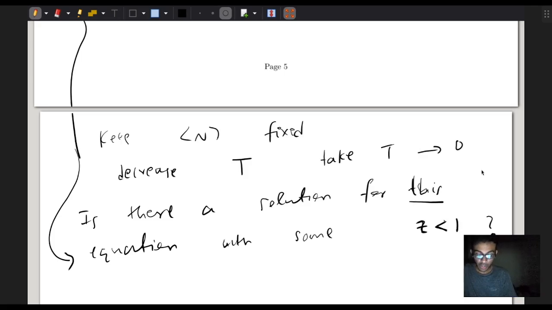The chemical potential has to be negative, so the fugacity has to be less than 1.